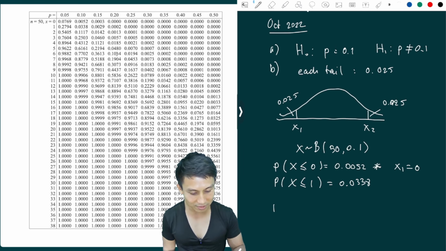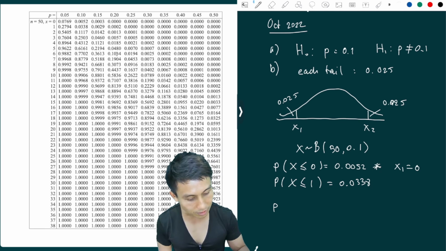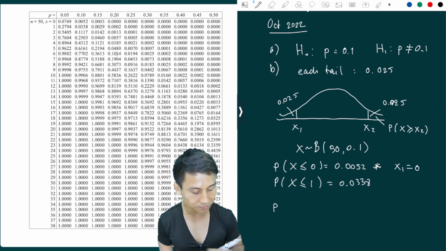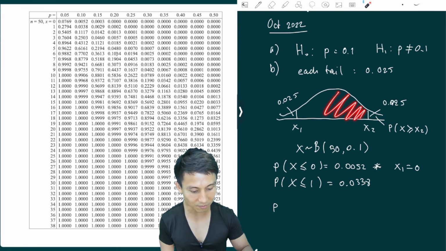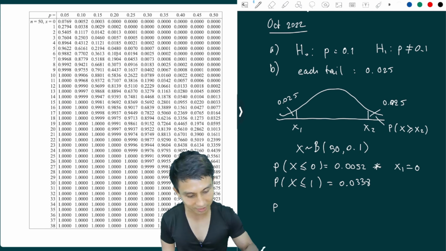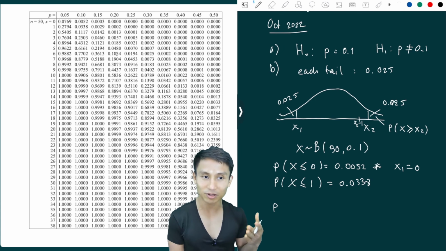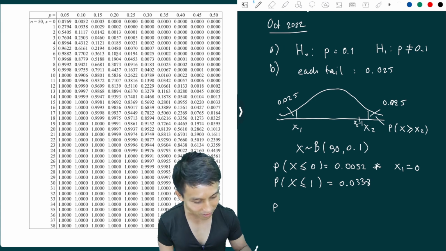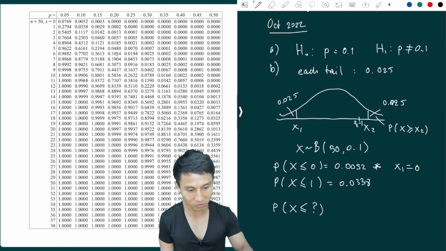The next bit is a little trickier. So this area here will be x greater than or equal to x2. That means when we look at the table here, it's going to be the opposite. When we go one less, because this is discrete, remember, it's binomial, we've got to find the probability of x less than or equal to something, which is actually just x2 minus 1, because we've got to go one less.